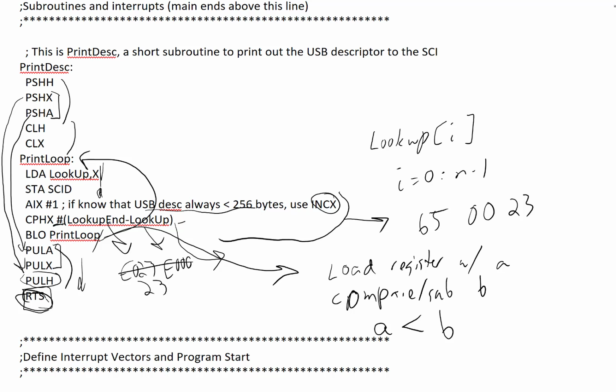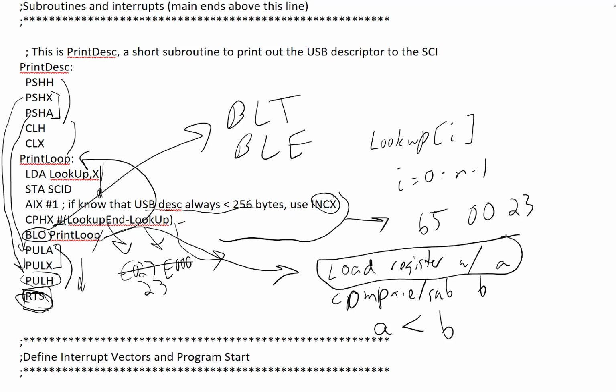Now one last note is, why did I use BLO and BLS instead of branch less than or branch less than or equal? If you look in your book, you'll see that you do have those different branches. And the answer is this: you always load the register with the first value that you're interested in. Then you always compare or subtract the other value that you're interested in.